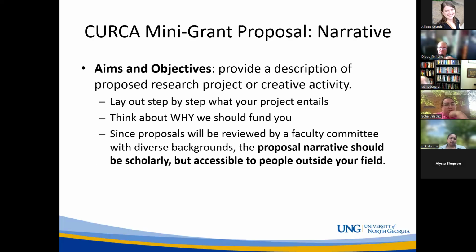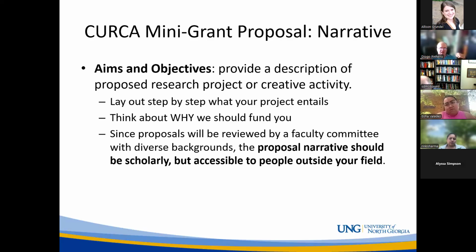For the aims and objectives part, we want you to describe what your project is, what the creative activity is, and what the step-by-step process is that you want to undergo. So here it's going to be like, this is what I want to write about. This is what I want to research. Here's how I'm going to research it.